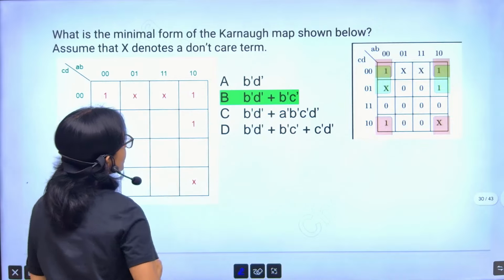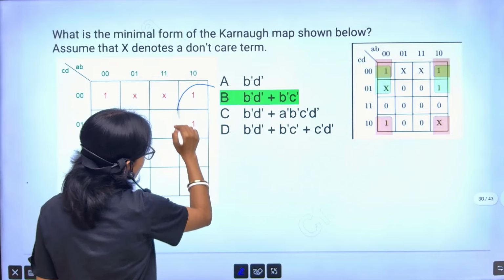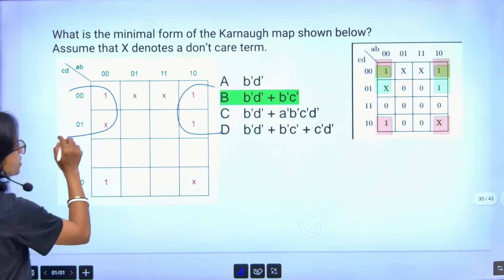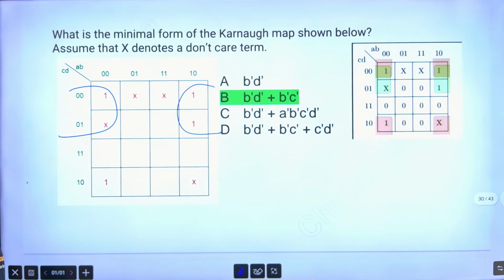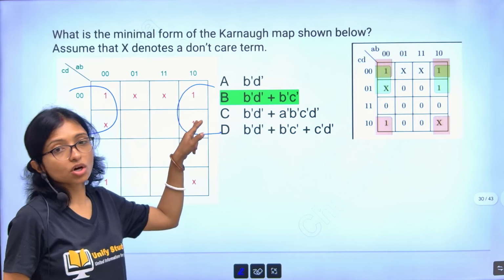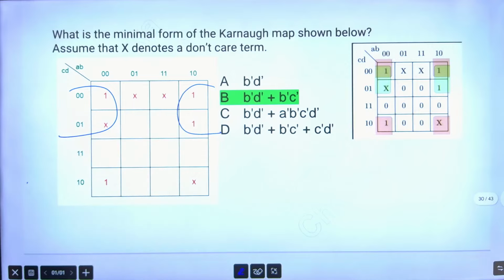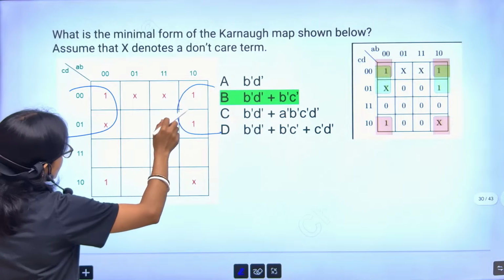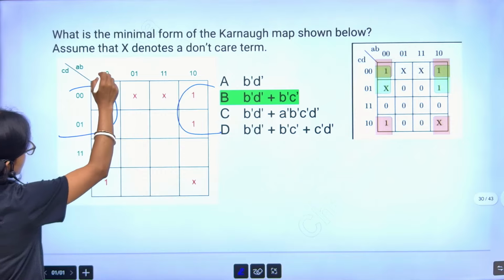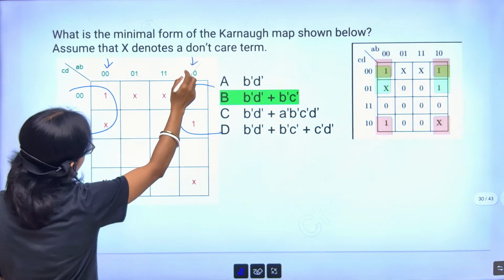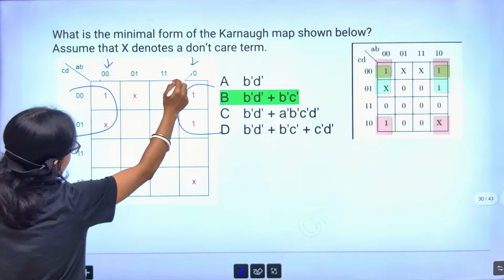Instead of that, if I do this type of grouping, then you see in the upper part all the 1s are covered. This is called wrap around. The wrap around is very important here. So when I did the wrap around, what is my value? The answer is coming. These 2 columns are involved here. That's why 0, 1 cancel.